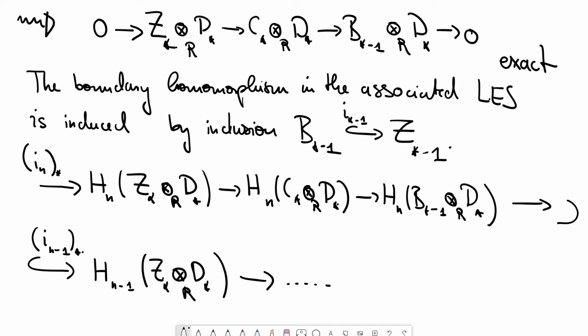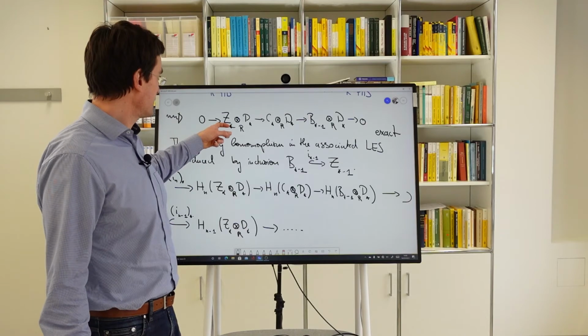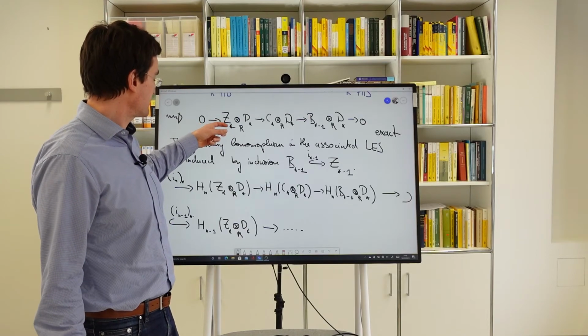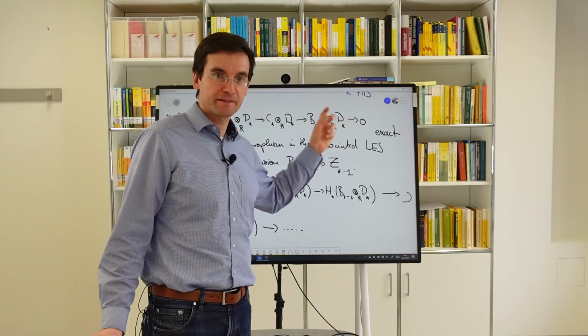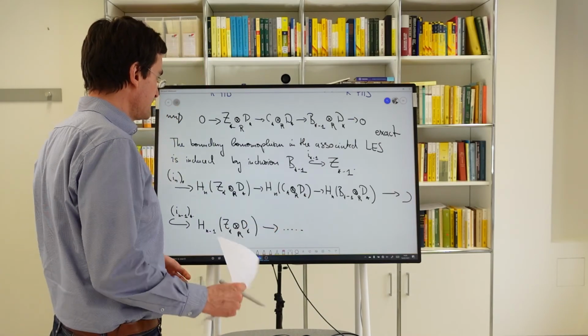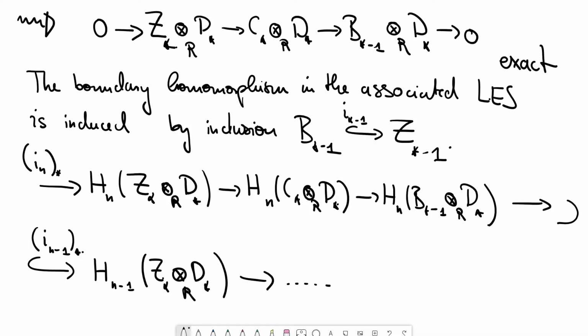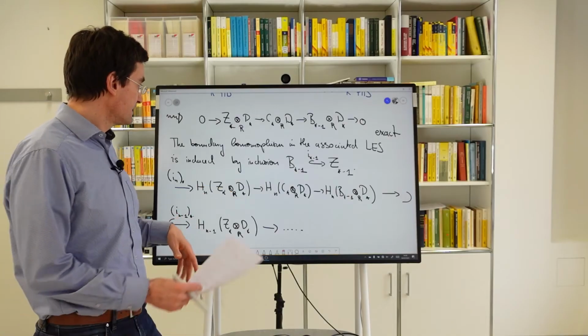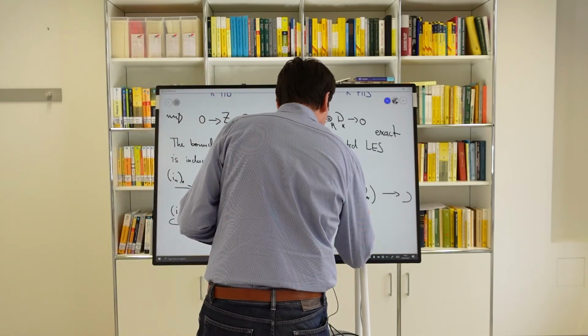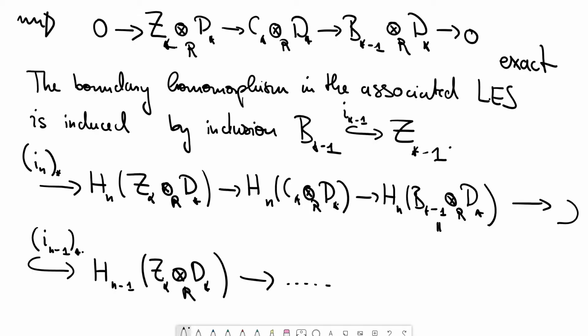We can say a bit more about what these homologies are. So remember that these two chain complexes, the chain complex of the cycles and the chain complex of the boundaries, have vanishing differentials. Therefore, this tensor product is really a direct sum of shifted copies of D star, tensored with some module from B star, as we've seen before. Similarly here, so we can say exactly what this is.